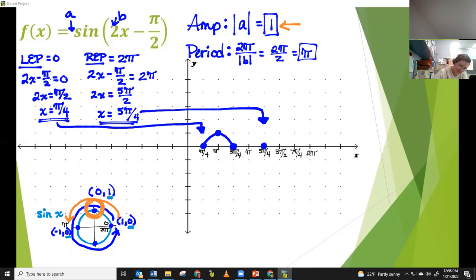Halfway in between as I make this bottom journey. Yeah, I go down to -1. This is 0, -1. So halfway in between these two, I'm going to go down to the minimum, down to -1. So right down here. And there's one full period right there.